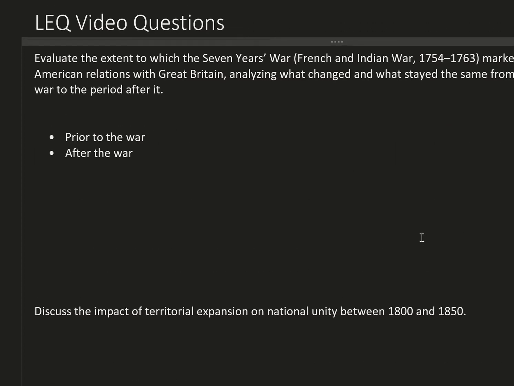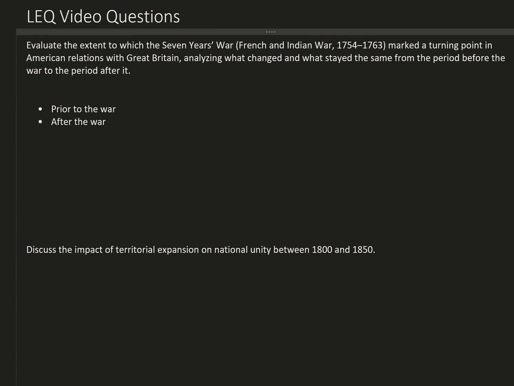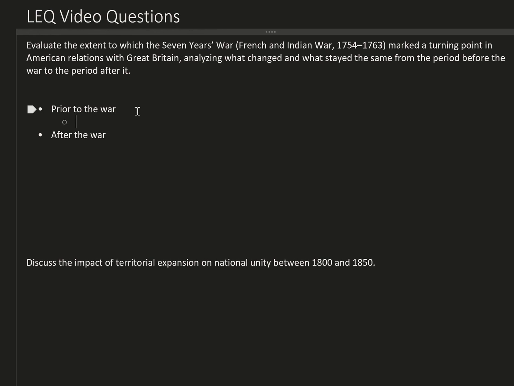As we're going through this, we can't just talk about what's going on before the war, what's going on after the war, and then stop. We have to look at what changed and what stayed the same. So prior to the war, what are we looking at?